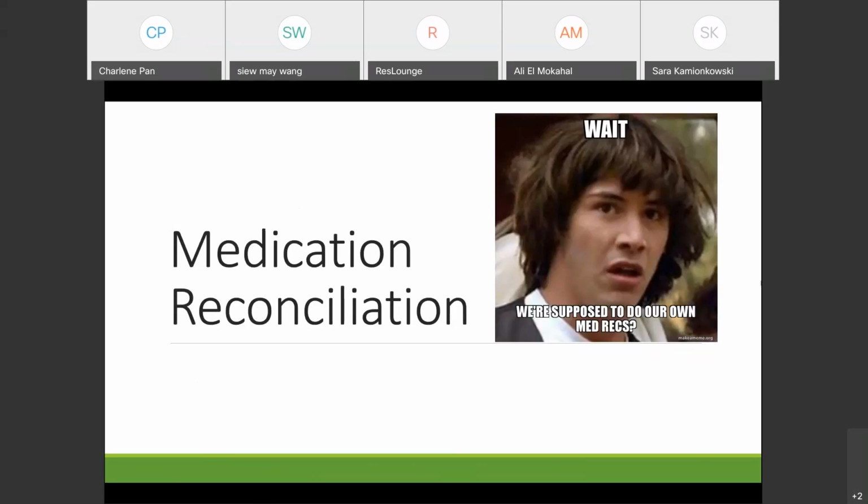More than 40% of medication errors are believed to result from inadequate reconciliation during handoffs, so from admissions, transfers, and discharges. And 20% of those errors are believed to result in harm to the patient. Again, it should be done at every transition. Even as an outpatient, when you're seeing these patients in your clinic, you should do a medication reconciliation.